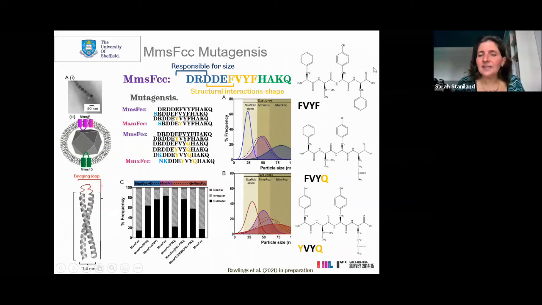We've got the amino acid, which is aromatic, and when we replace it with a non-aromatic, going from the top here, we've got this aromatic group right at the very top, and we replace that with something that isn't aromatic. That's when we get that big loss of shape control.